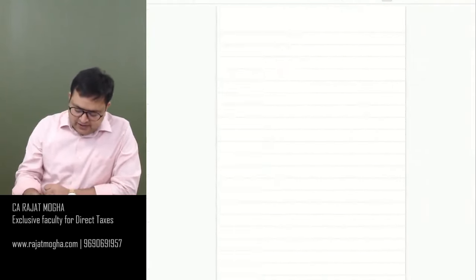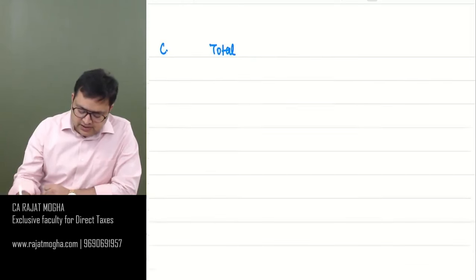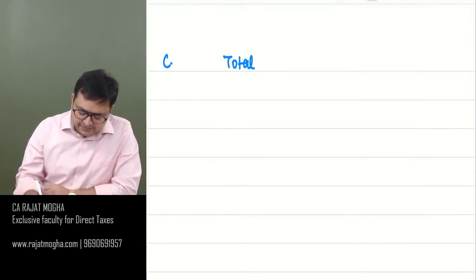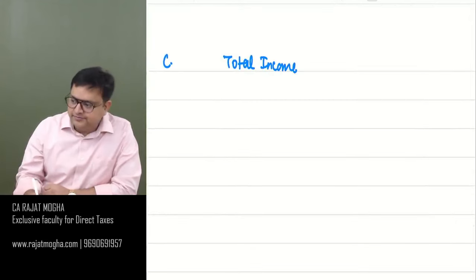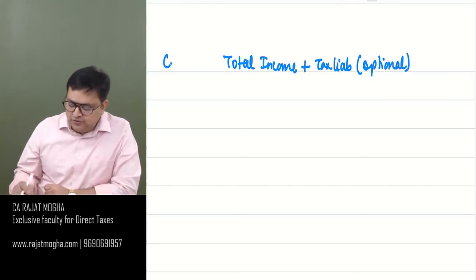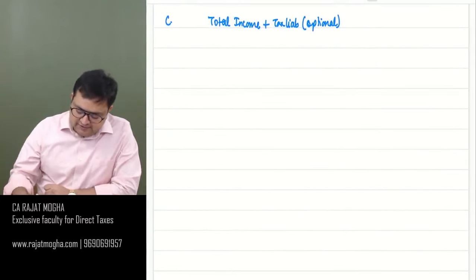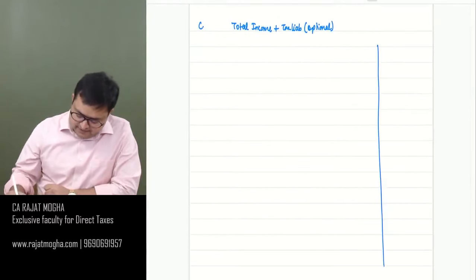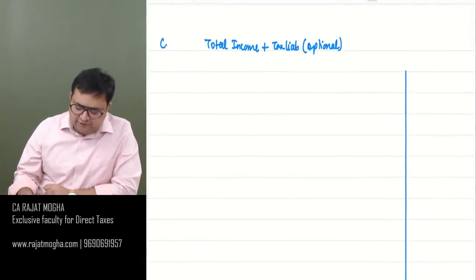So what I'll do, I'm straight away coming to the C point where I have to compute total income and tax liability as per optional regime. So how you should do it? Straight away, you have to start with the GTI.